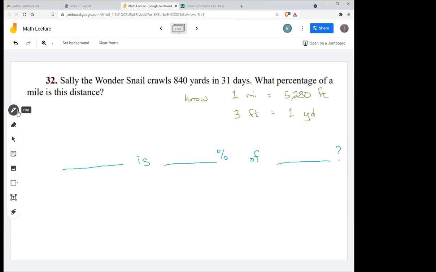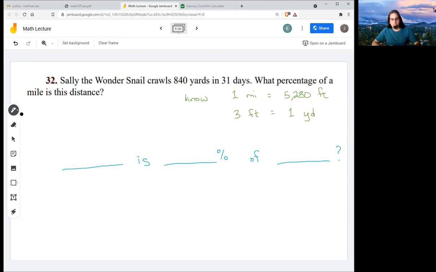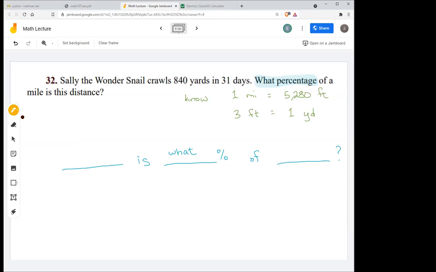What would go in the first line? It's asking me for what percentage. So that's making me think that this has to be the what. Would it be 5,280 is what percent of 840?